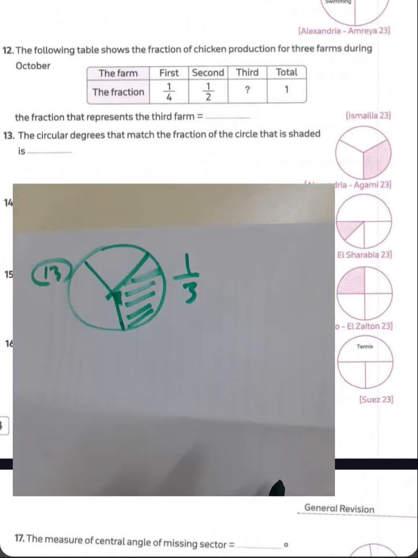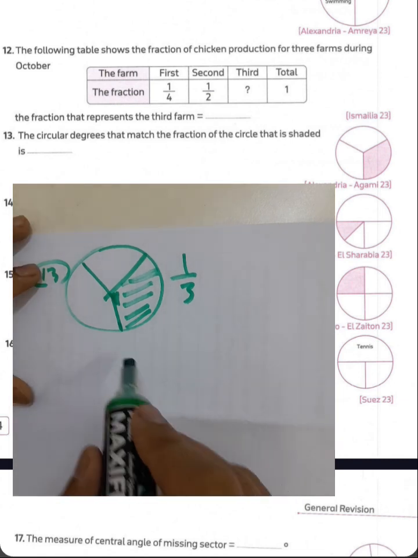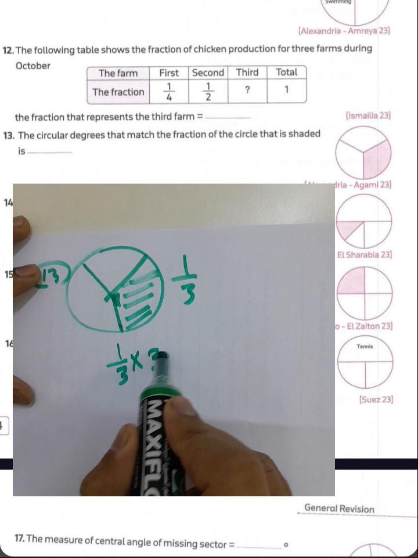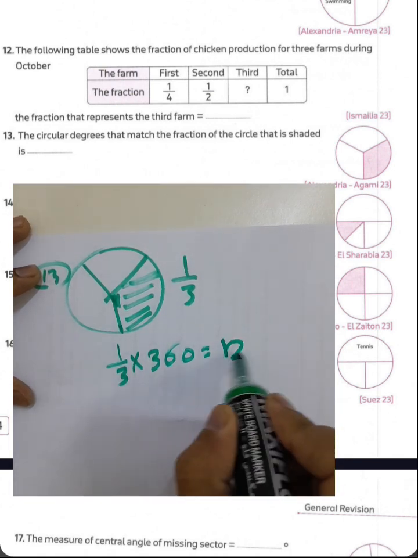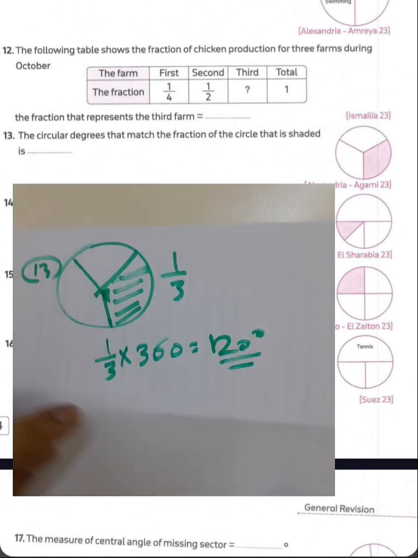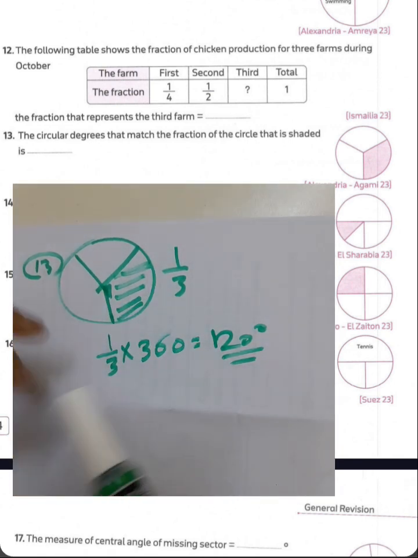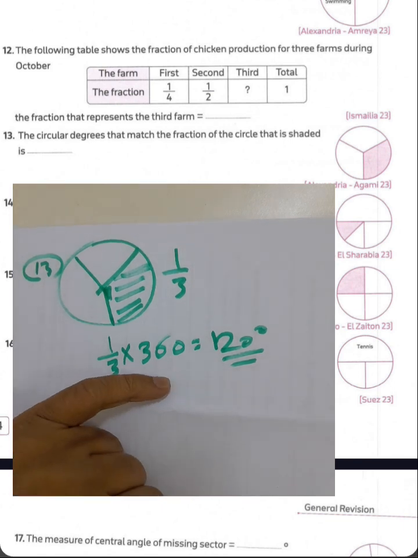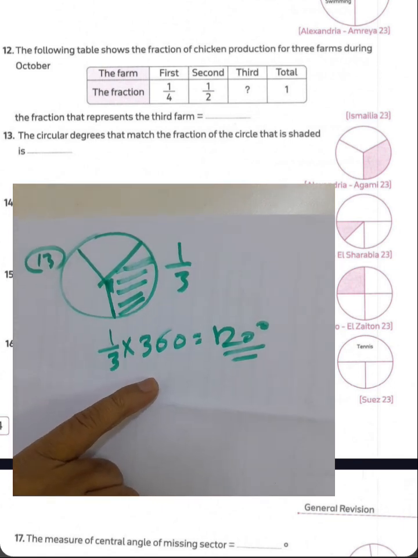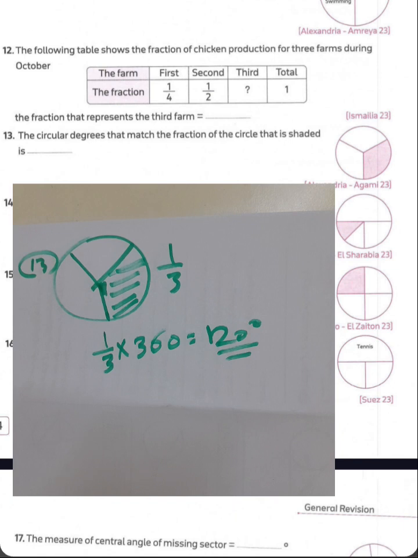And you want to find the circular degree. Circular degree means third multiplied by 360. It will be 120 degrees. The result here will be 120 degrees because this part refers to a third of the circle, a third of the area of the circle. The circle is 360 degrees, a third of 360 degrees equals 120 degrees.